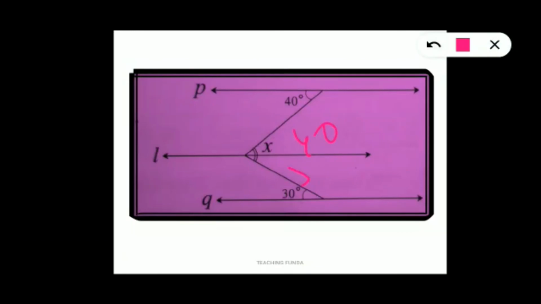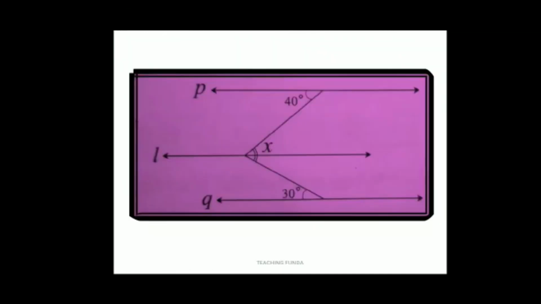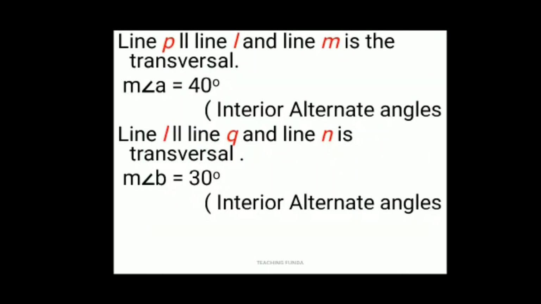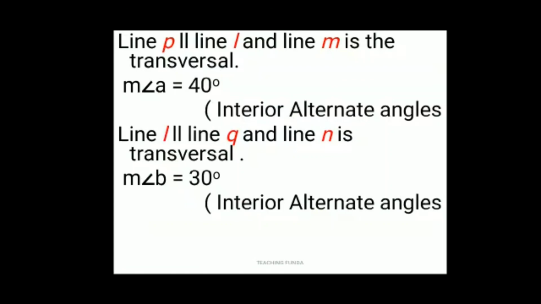Okay. Now see, it is very easy. The same thing I have written here. Line P parallel to line L, and M is the transversal. Angle A is 40 degree, interior alternate angles.